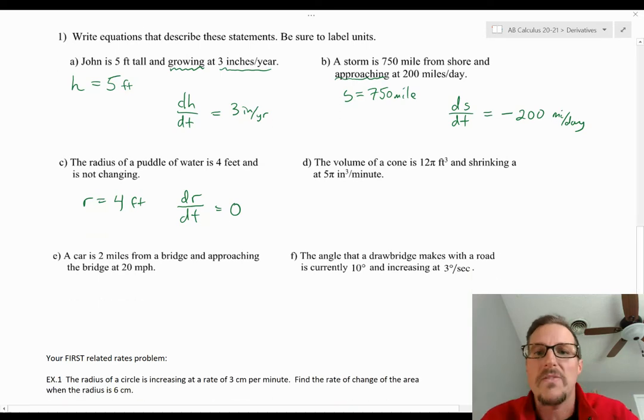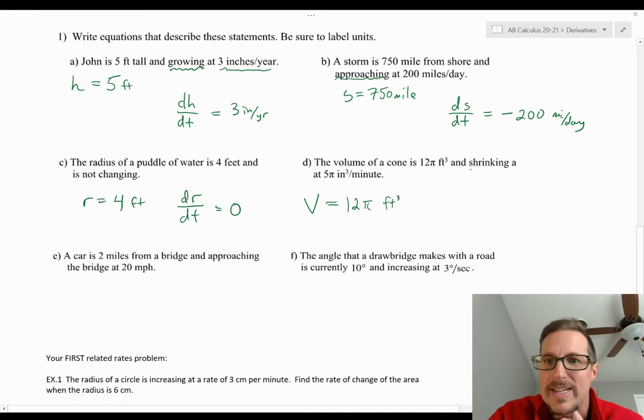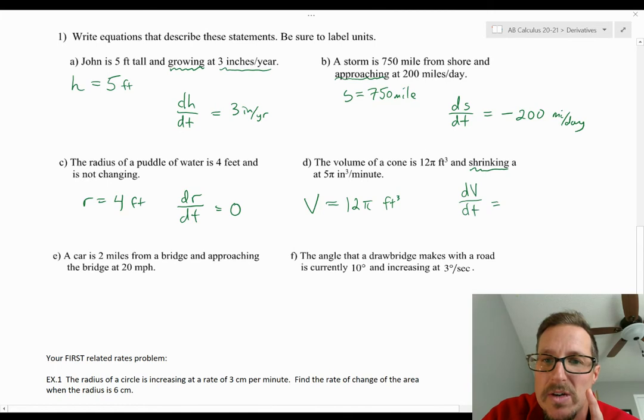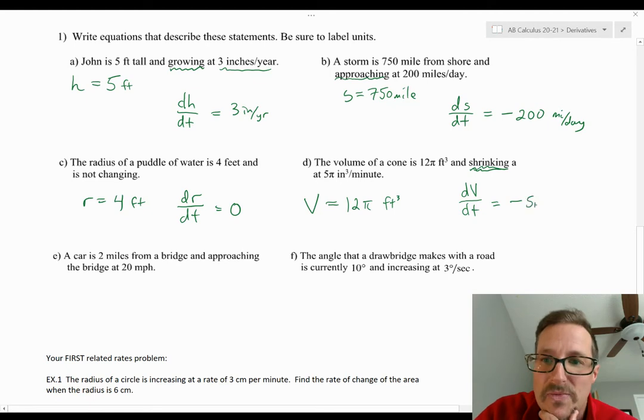Okay, the volume of a cone is 12 pi feet cubed. Stop there. V is 12 pi cubic feet. It's saying that it's shrinking, getting smaller, at 5 pi inches cubed per minute. So that means the rate of change of volume with respect to time, dV/dt, is going to be negative, because it's shrinking, getting smaller, and then the value is 5 pi inches cubed per minute.